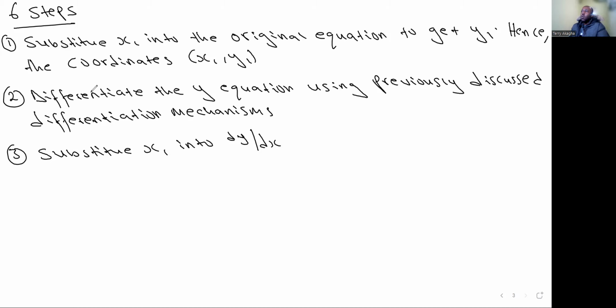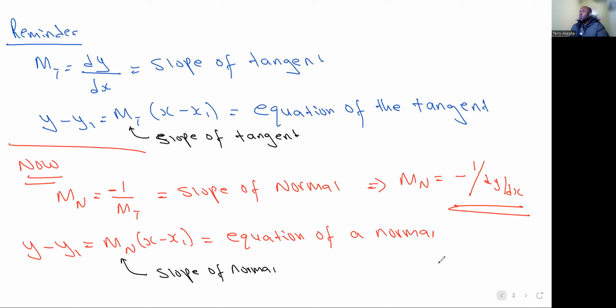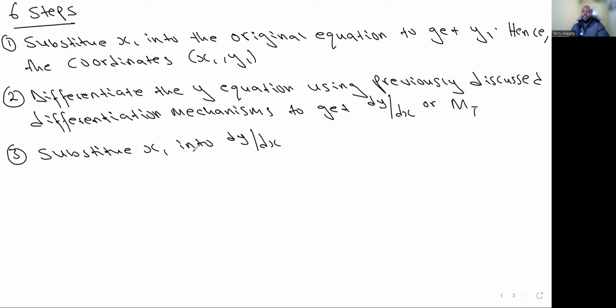Just to remind you, when you differentiate the y equation, it's going to give you the dy over dx, or you can call it the mt. We've talked about this, which is the slope of the tangent. But now you need to substitute x1 to get the value of the mt.